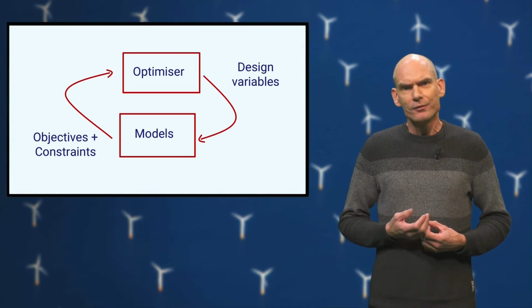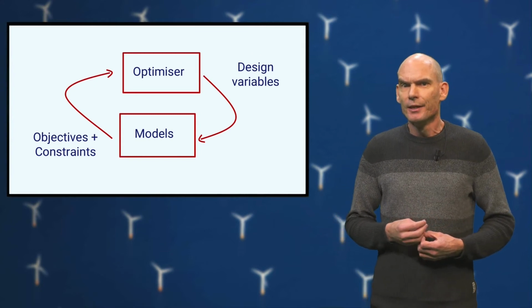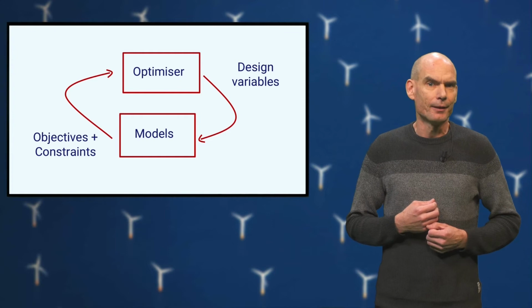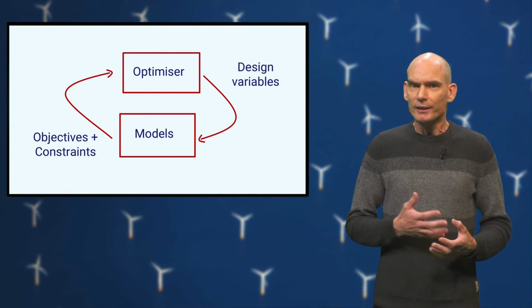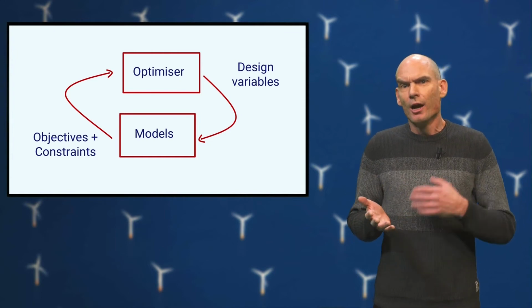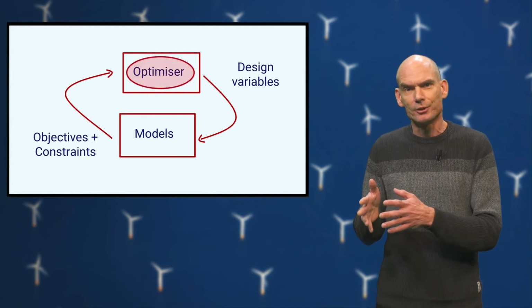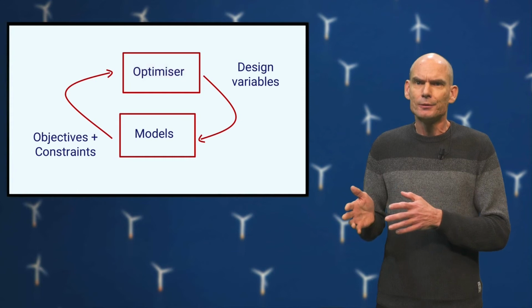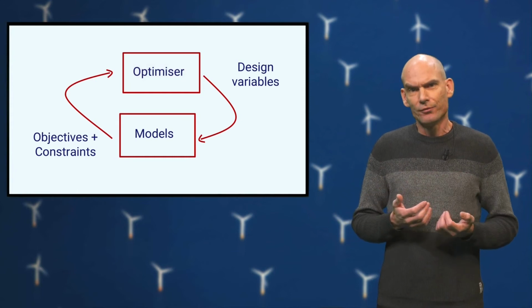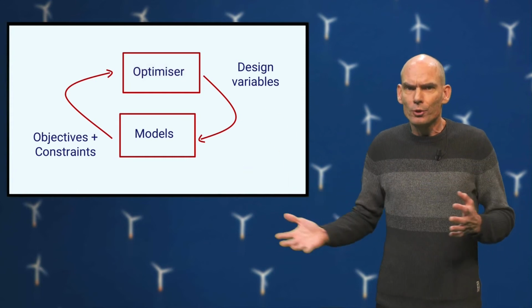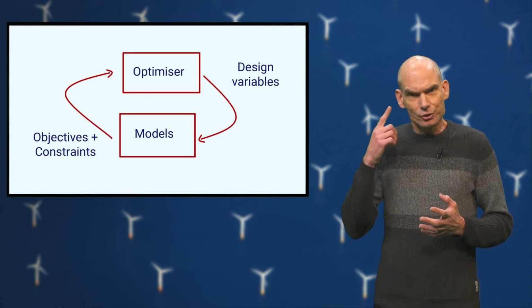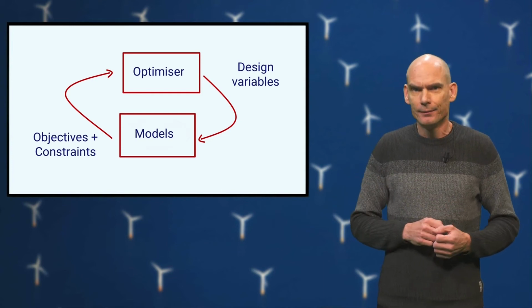The environment for which the wind farm is designed is expressed in input data. The objective function and constraints are evaluated with models and fed into the optimizer. The optimizer will make changes to the design variables to explore the design options in a smart and efficient way.